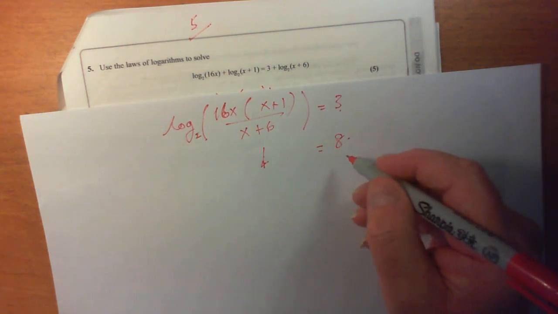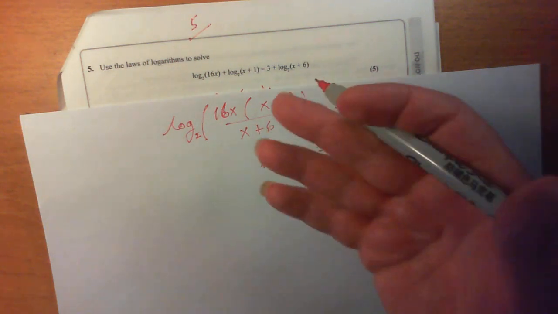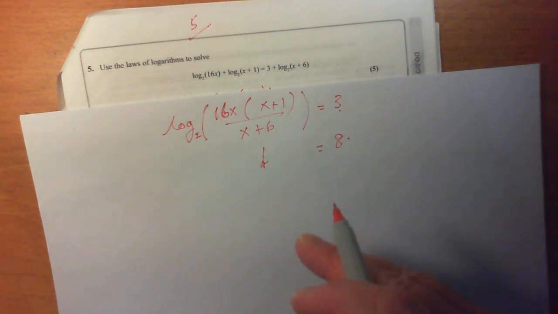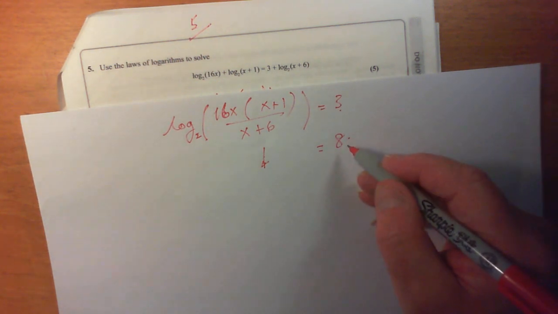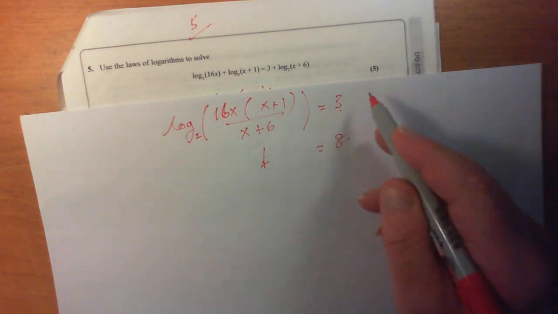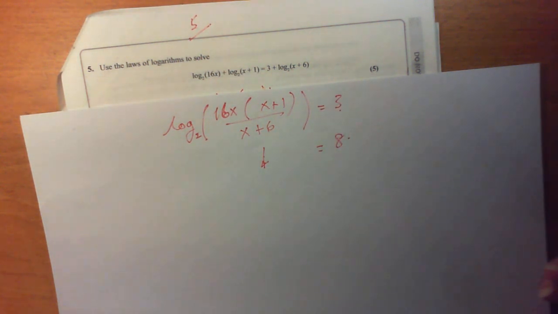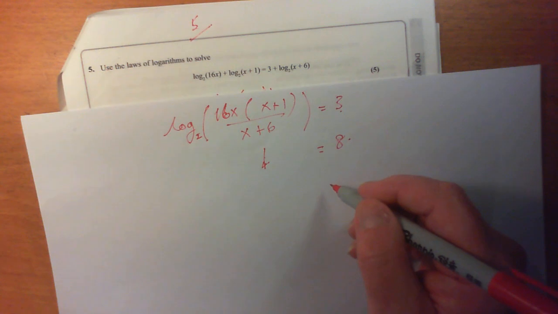I mean, to me that's the most logical way of doing it, but also, when you're anti-logging it, you've got a greater chance, to my mind, of getting the right answer on the right hand side. Some people are a bit confused about taking anti-logs, and if they don't do it this way, then they get the numerically wrong value.